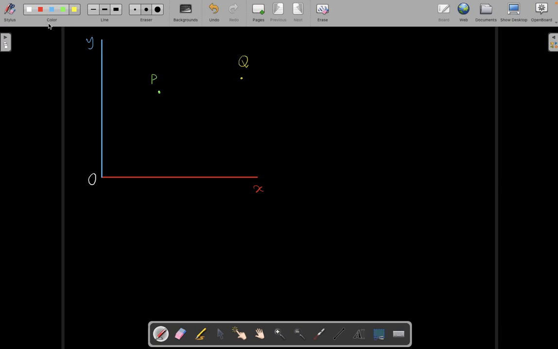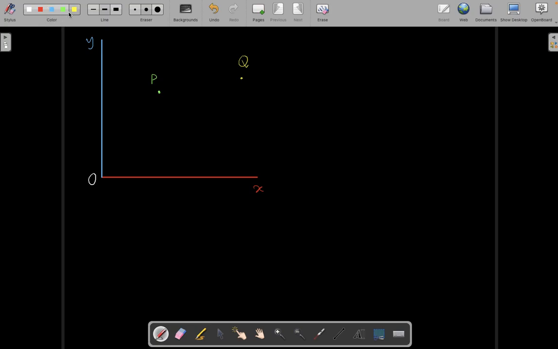Next, we will join O and point P, and point Q. Both will be moving in the plane independently.